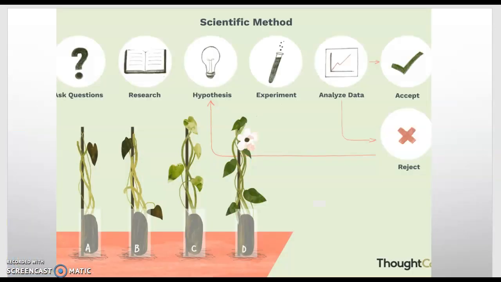And then we get to our last step here, communicating our results, drawing conclusions. And that is shown on this slide in the picture with the check mark and the X, right? So we're talking about, are we accepting our hypothesis? Did our results match our hypothesis, right? Did our results match what we thought was going to happen?